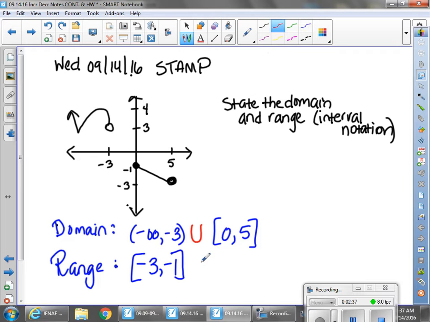Union. Keep going. Go for it. 3. What goes next to the 3? Parenthesis or bracket? Parenthesis. Open circle.